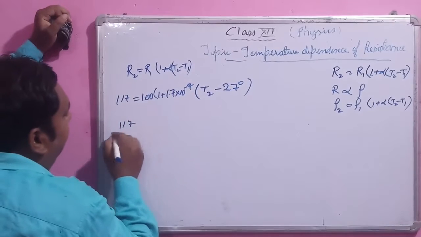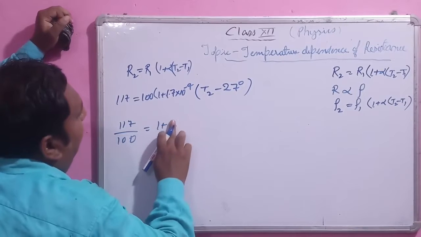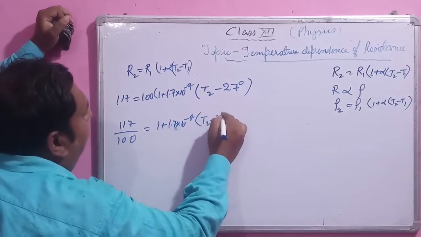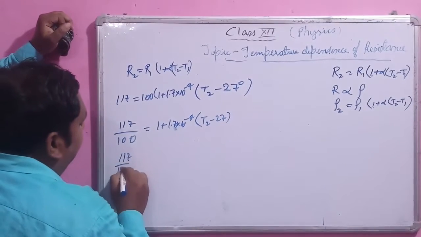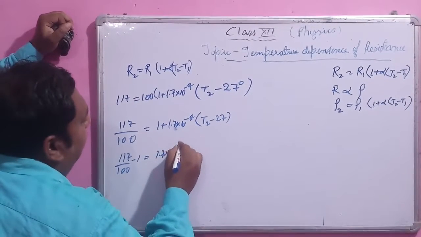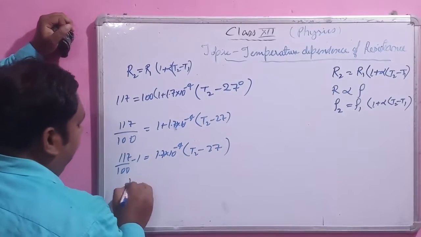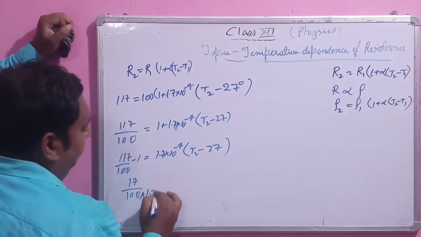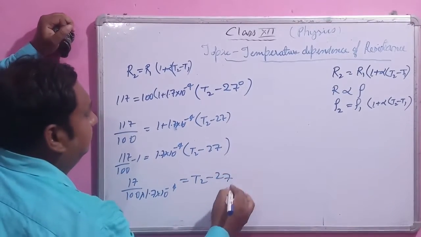So 117 divided by 100 equal to 1 plus alpha into T2 minus 27, where alpha is 1.7 into 10 raised to power minus 4. Transferring 1 to this side, 117 upon 100 minus 1 equal to 1.7 into 10 raised to power minus 4 into T2 minus 27. So 17 upon 100, divided by 1.7 into 10 raised to power minus 4, equal to T2 minus 27.